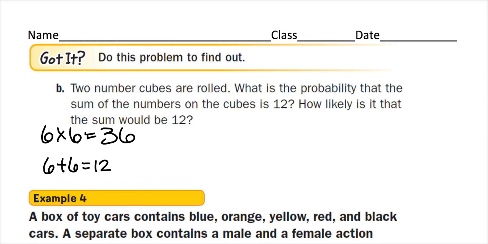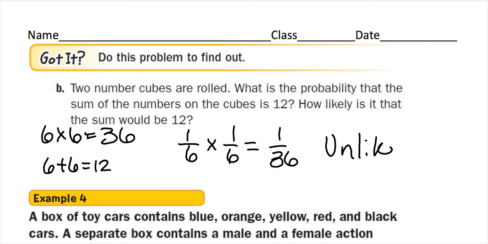We have a 1 in 6 chance of rolling a 6, and then a 1 in 6 chance of rolling 6 again, so that's going to be 1 over 36. How likely is that going to happen? Very unlikely. We just say unlikely, but not impossible, though it does make it difficult. So we have 1 in 36, and it's unlikely.